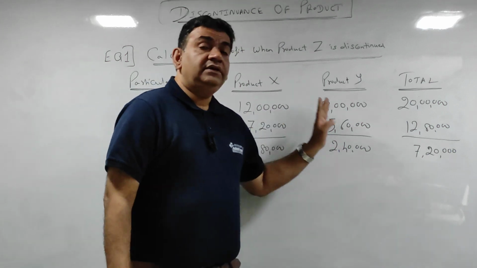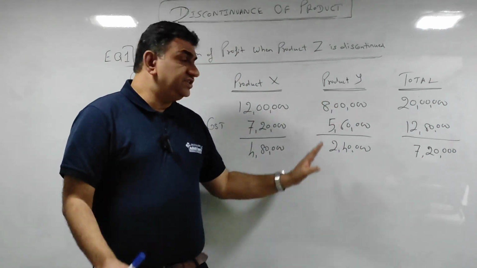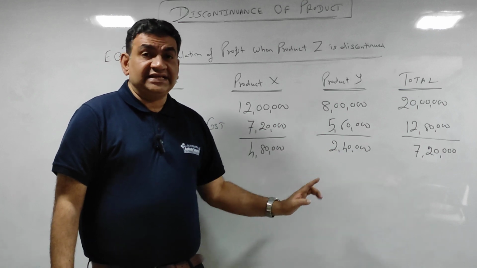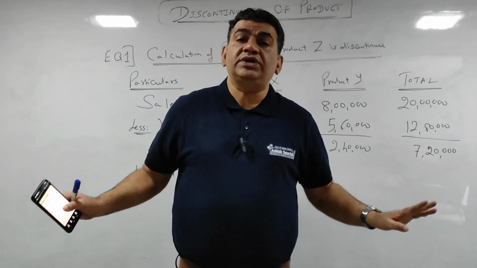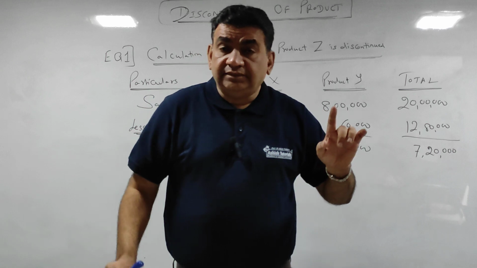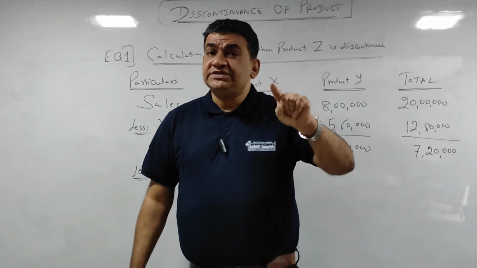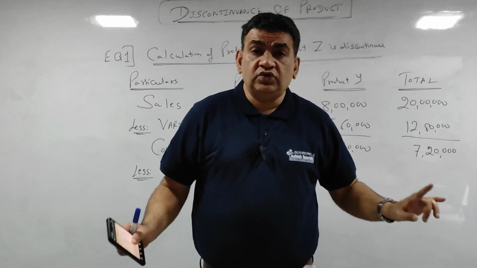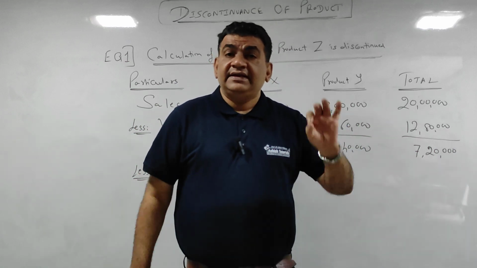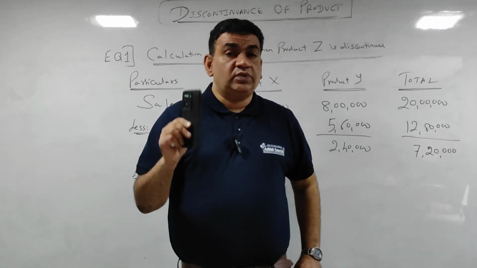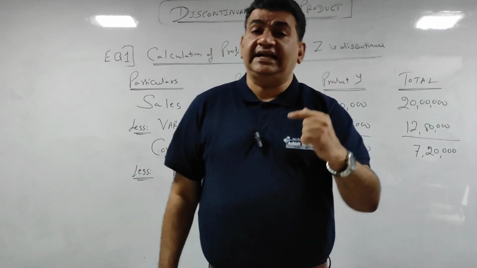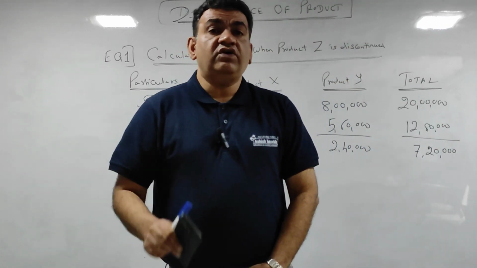Now listen, in the question for the presentation they have given you individual fixed cost product-wise that is allocated on a suitable basis. Now have they specified that if I discontinue Z, my fixed cost will be saved? Is there any information in the question that if I discontinue product Z, will I be saving on fixed costs?